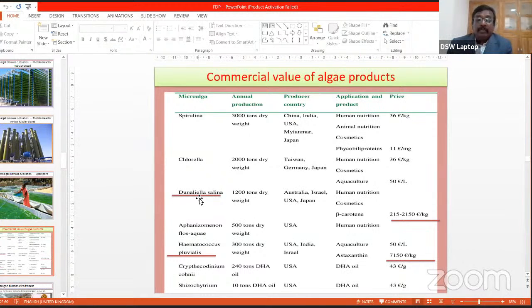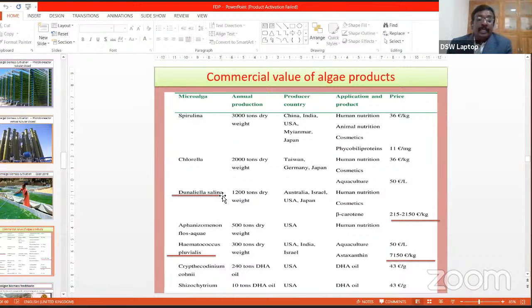Dunaliella is a marine microalgae, valuable for cosmeceutical products like beta carotene production. Haematococcus pluvialis is valuable for pharmaceutical oil and astaxanthin pigment production. The commercial value is 215 to 2150 euro per kg, depending on the purity.